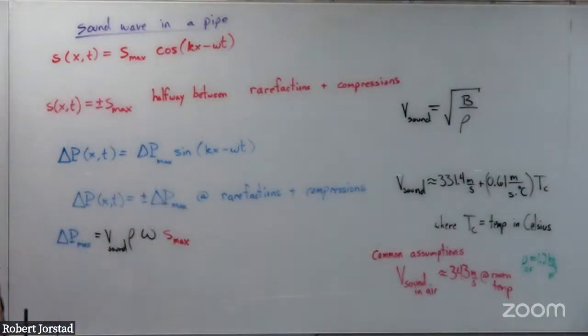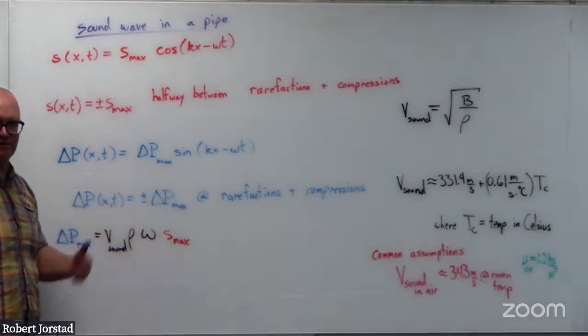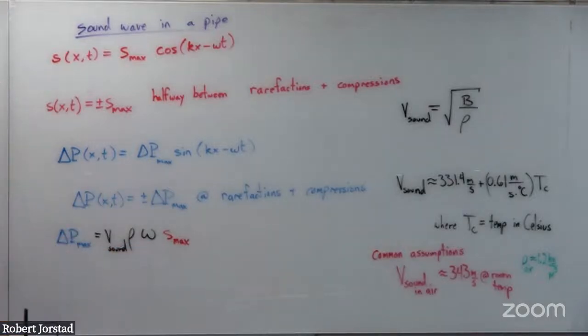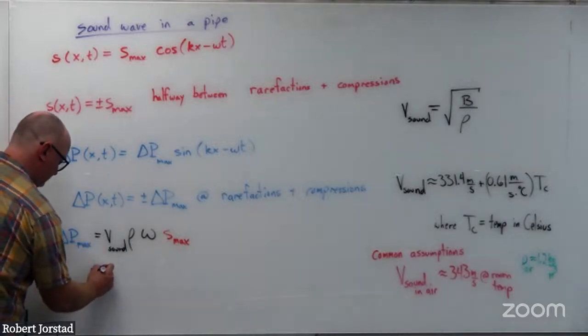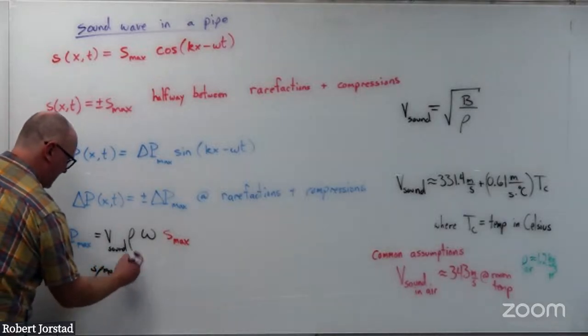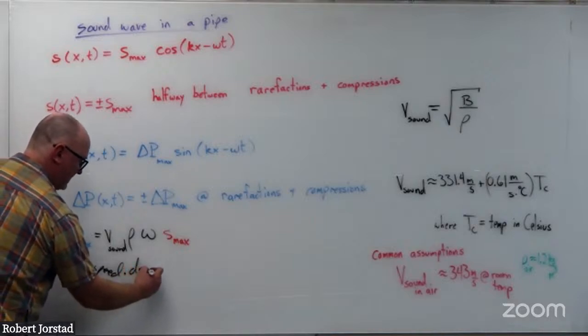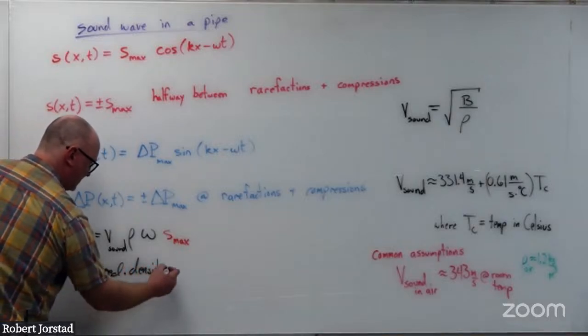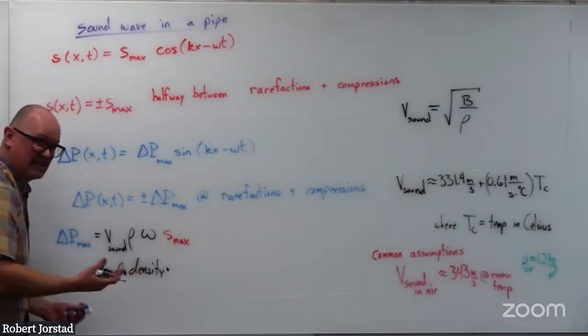Interesting side notes. The overpressure maximum relates to the displacement, as you could see by all these demos I'm trying to show, where this is the speed of sound, this is the density of the medium, and that could be air, steel, or water.